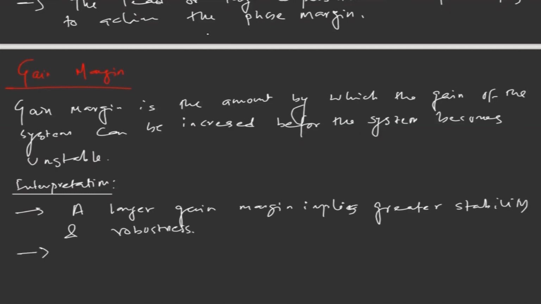A positive gain margin indicates stability.